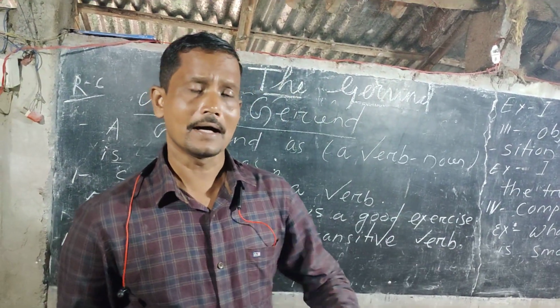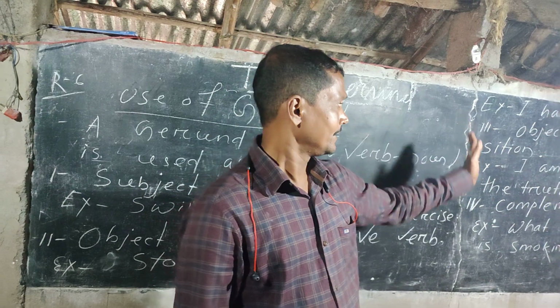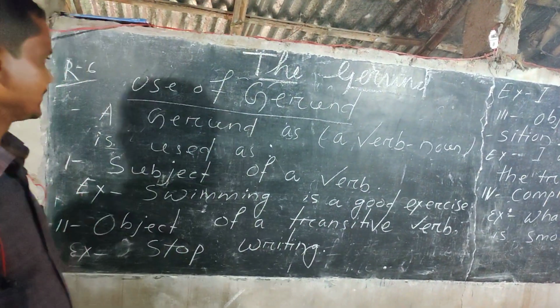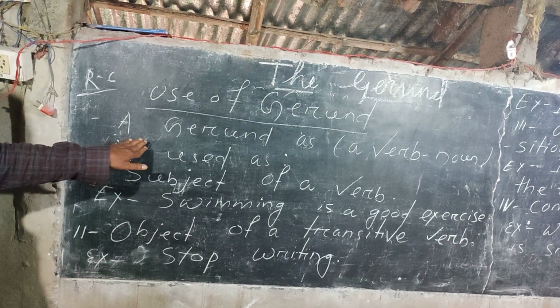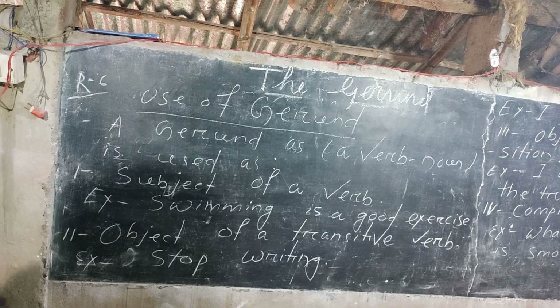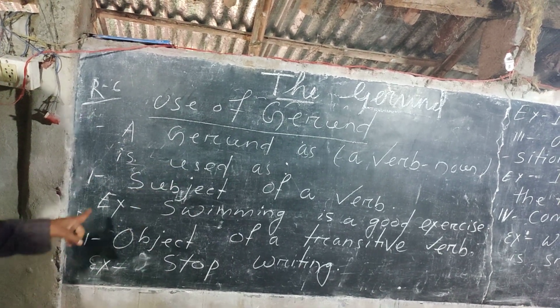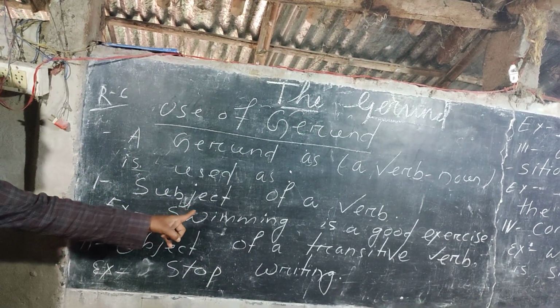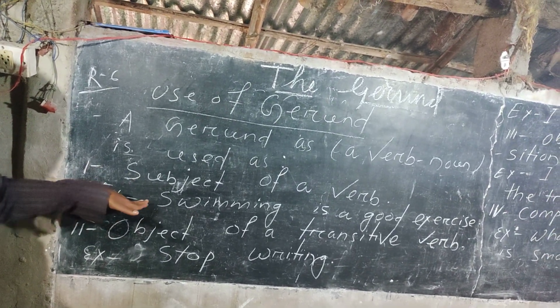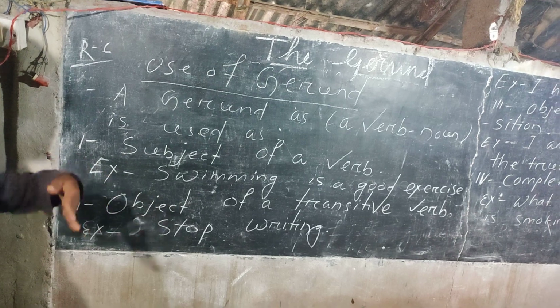But simply, I have written the 4 functions. What are the 4 functions? A gerund as a verb noun is used as, number 1, subject of a verb. Subject of a verb means at the front position of a sentence.